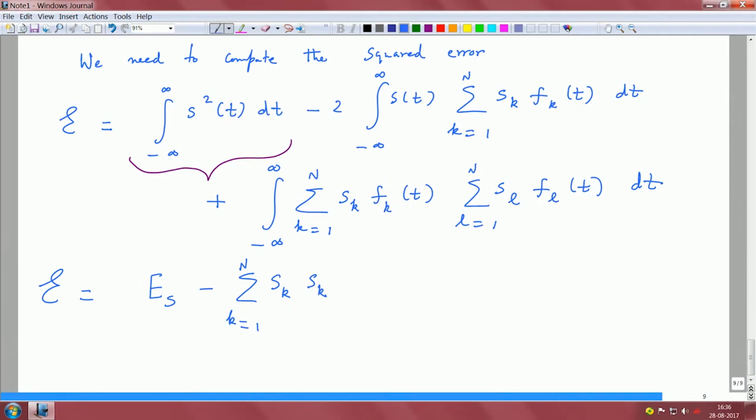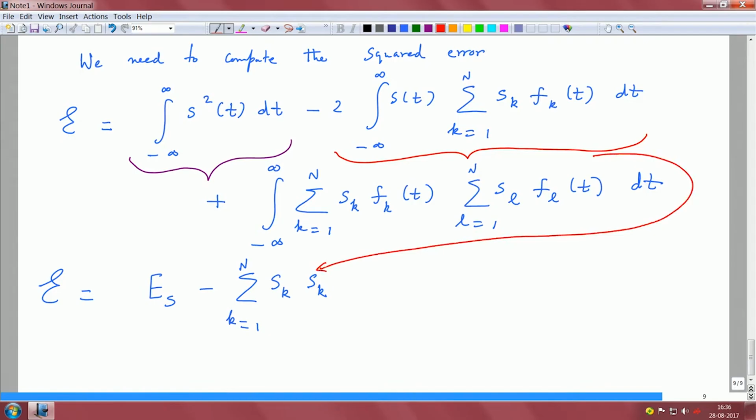So basically this term can be simplified as this, and we have the last term.